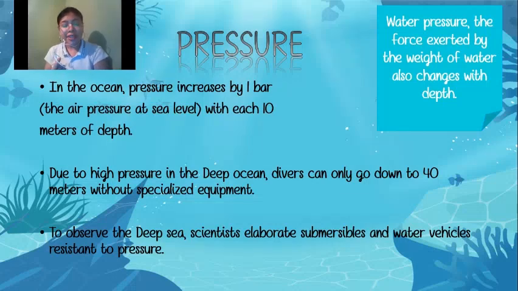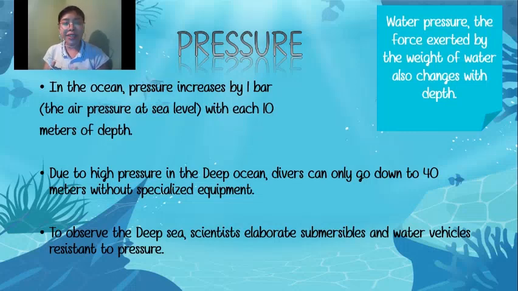Due to high pressure in the deep ocean, divers can only go down to 40 meters without specialized equipment. Remember that when the pressure is higher, your body doesn't function the way that it does in the regular pressure conditions that we have here on Earth.